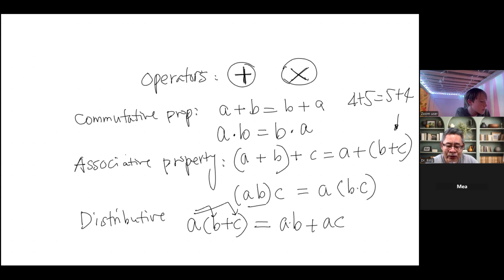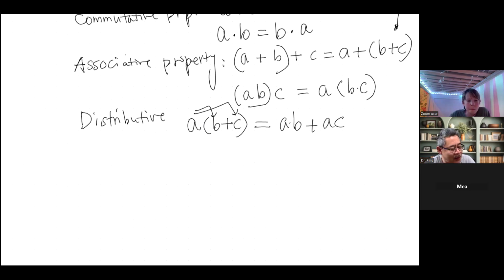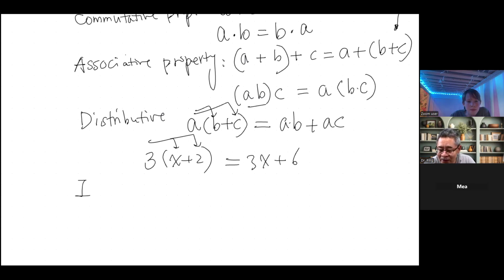We do that, for example, when we have 3 times x plus 2. If we want to find x, we have to separate them. So what we do is use this property, and we get 3x plus 6. Now we can separate them.